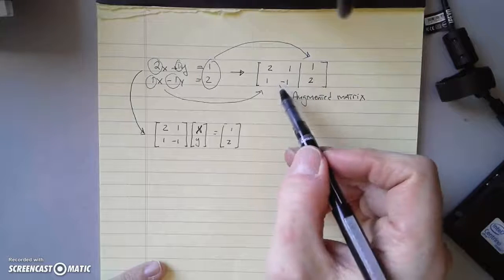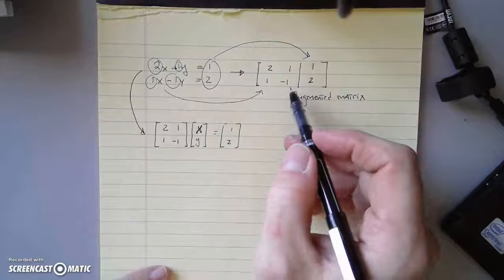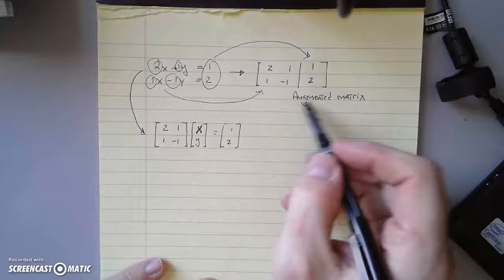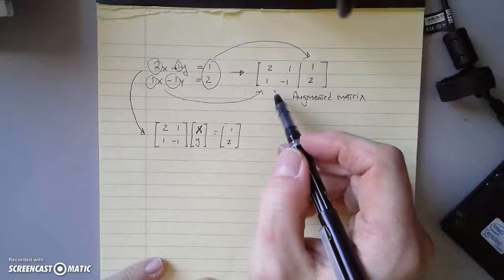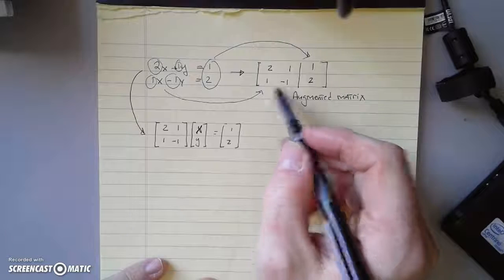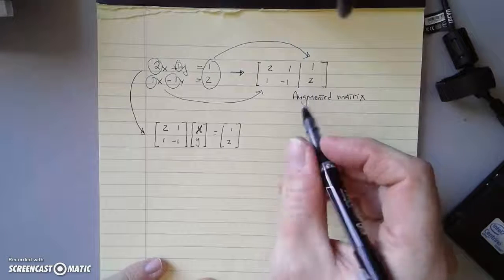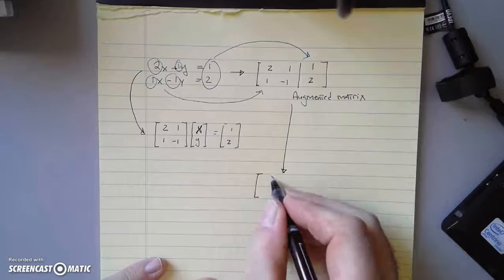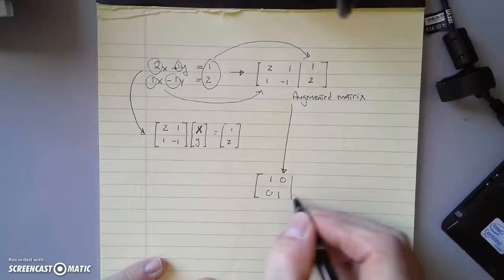This is convenient for computations. And here's the idea. We're allowed to do certain things. There are rules for how to deal with the rows of this matrix. And the goal, if possible, is to reduce this to something like this.